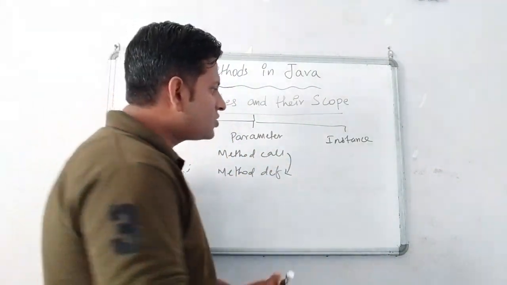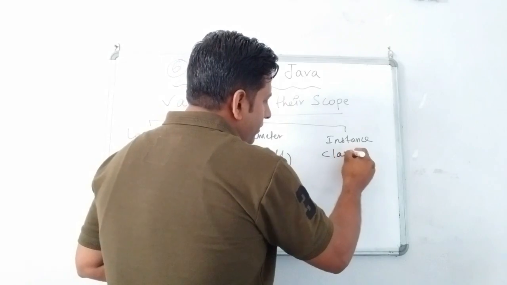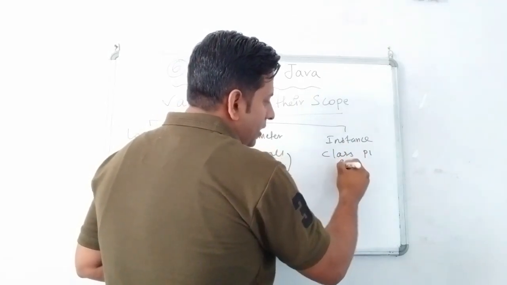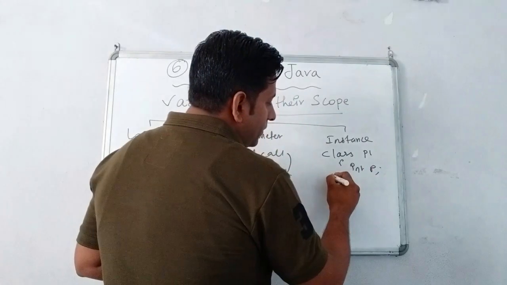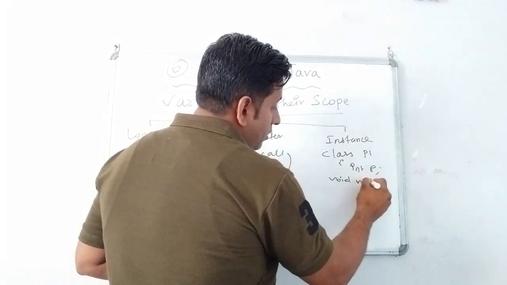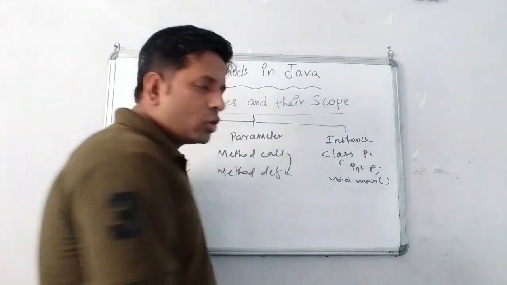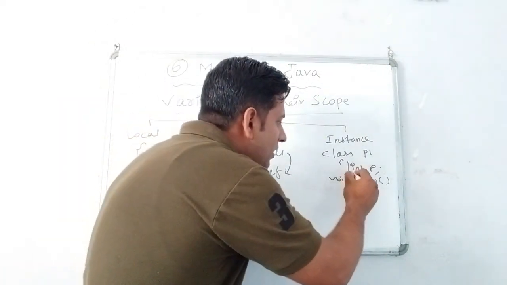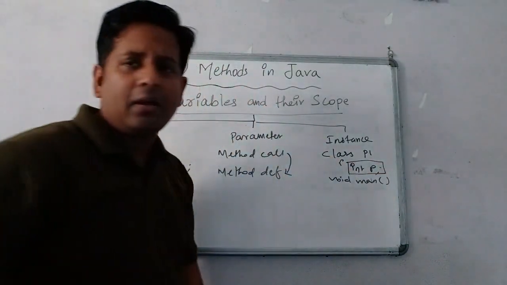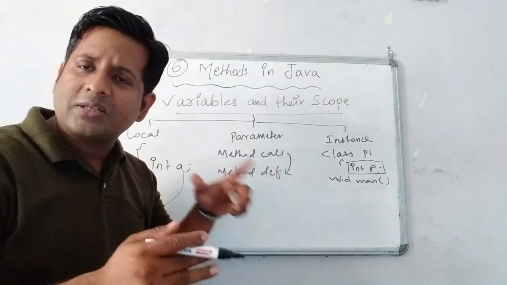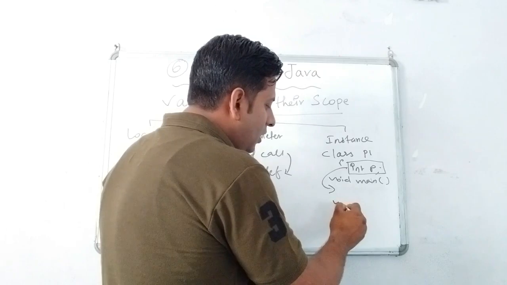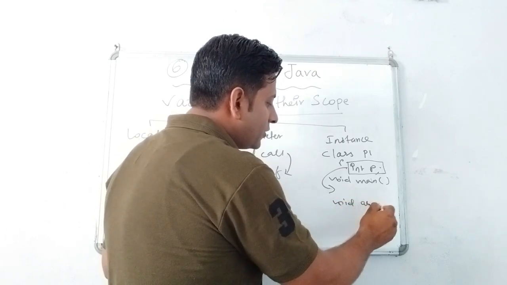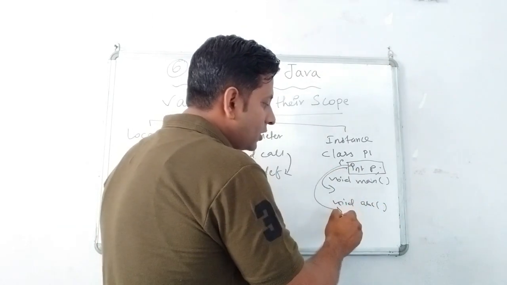Instance. Instance variables are always declared after the class name. Then here we need to declare int p, suppose, then void main. So see children, instance variables are always declared in between class and methods. So what happens, this variable will be known to these functions. Suppose another ABC function is there, it will be known there also.